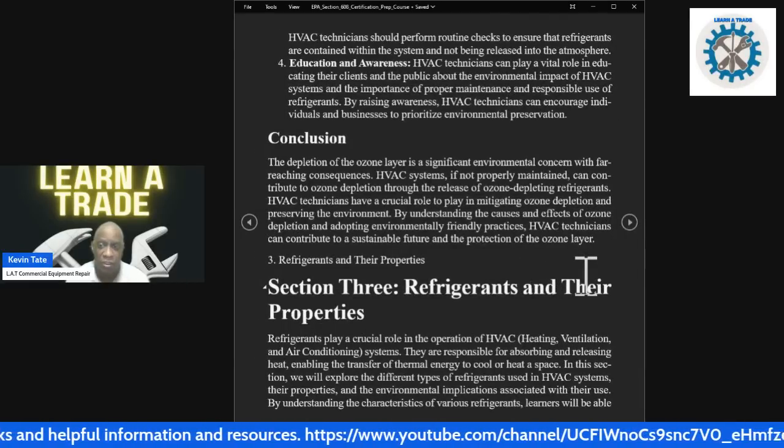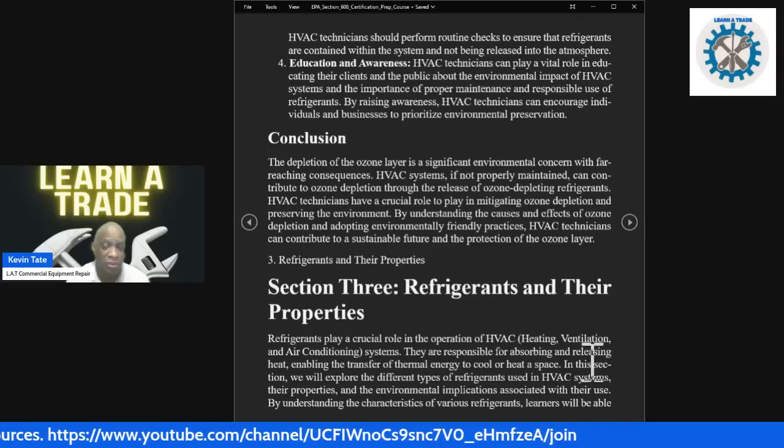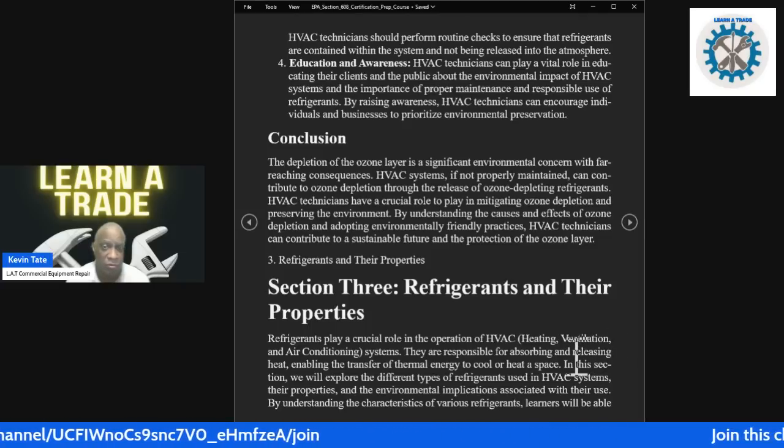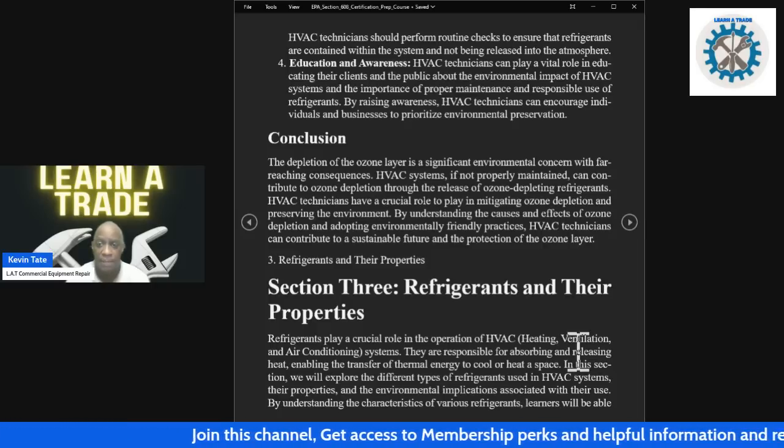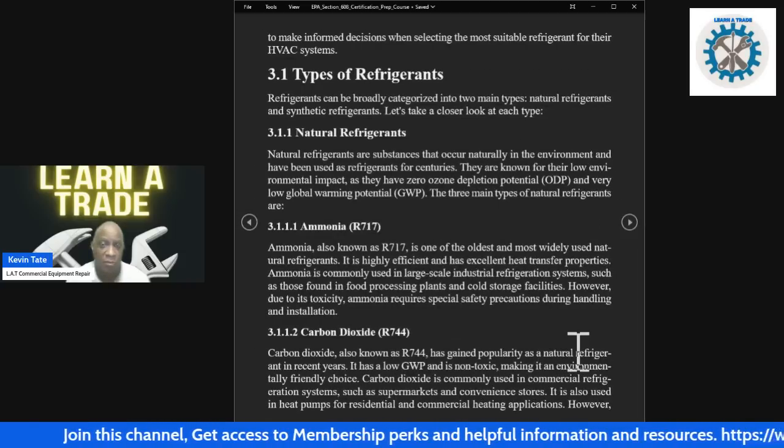Section 3 will get into the refrigerants and their properties. So they'll get into teaching you and showing you about the different types of refrigerants and their properties. This is all in preparation.